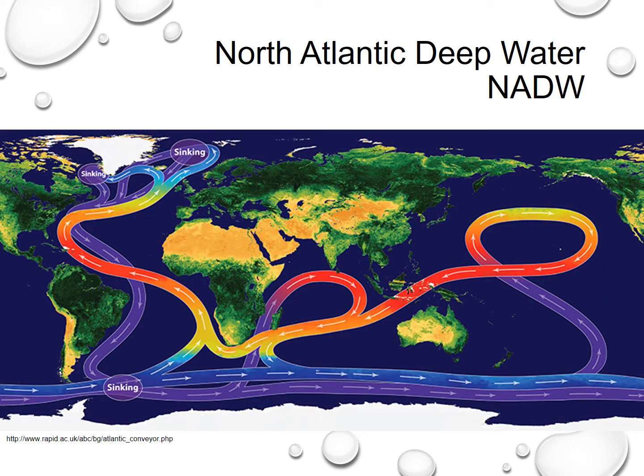So here in this diagram, you can see the surface currents in red and yellow, and the deep circulation in the blues and in the purples. So let's locate the Atlantic Ocean, which is towards the left of the diagram. And you can see the Gulf Stream in red crossing the North Atlantic.